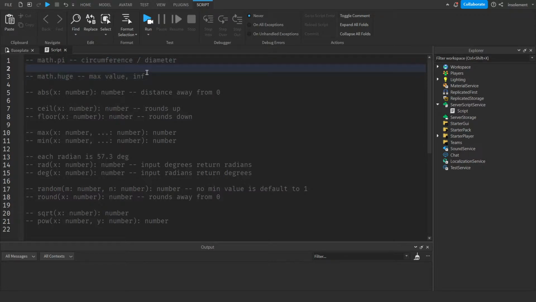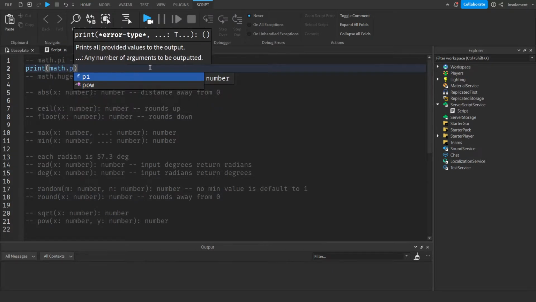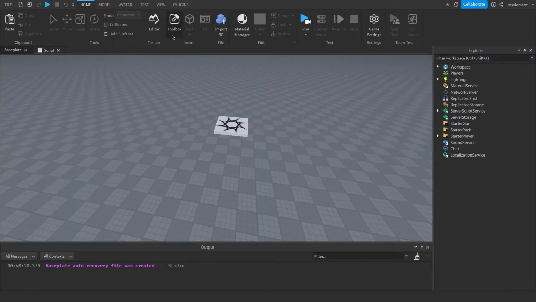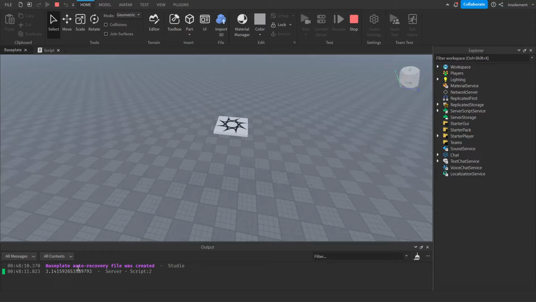So it's the 3.14, and how it's calculated is the circumference divided by the diameter. So if we were to print math.pi, it would return to us 3.14 and a bunch of numbers. So yeah, like that, right?